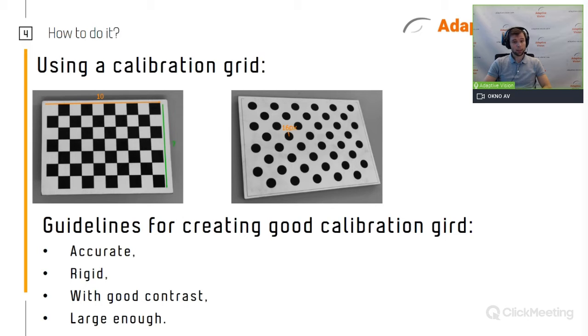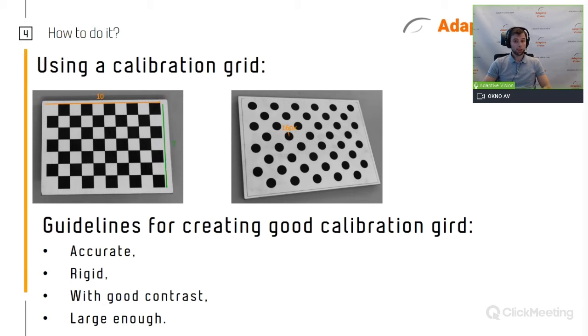Okay, and the guidelines for such a calibration grid. First of all, it has to be accurate. When we are in case of very precise measurements, we also need a very precise and accurately produced calibration grid.